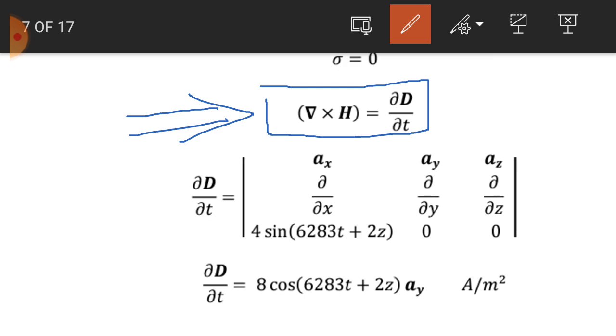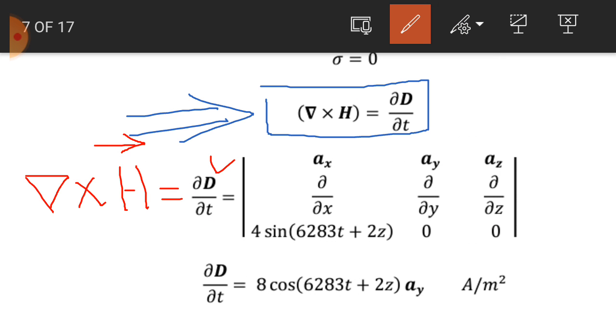So let us calculate the curl of the magnetic field intensity, and as the magnetic field intensity is in the rectangular coordinate system, we consider the curl in the rectangular coordinate system. The curl of the magnetic field intensity will be equal to the displacement current density, which is curly D by curly t.